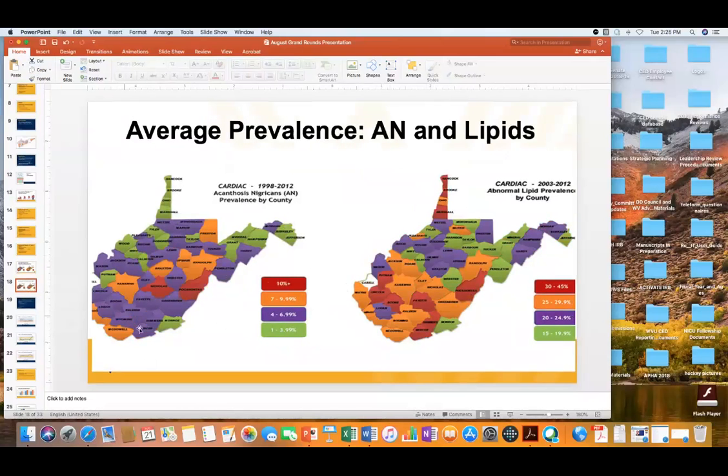So this is AN, the pre-diabetes marker, a lot more purple here, but still a couple reds that had more than 10% of the kids having a pre-marker for diabetes. And then any abnormal lipid, again, more oranges and reds in the southern part, but still northern as well, and a lot of purple. So this was a statewide issue.